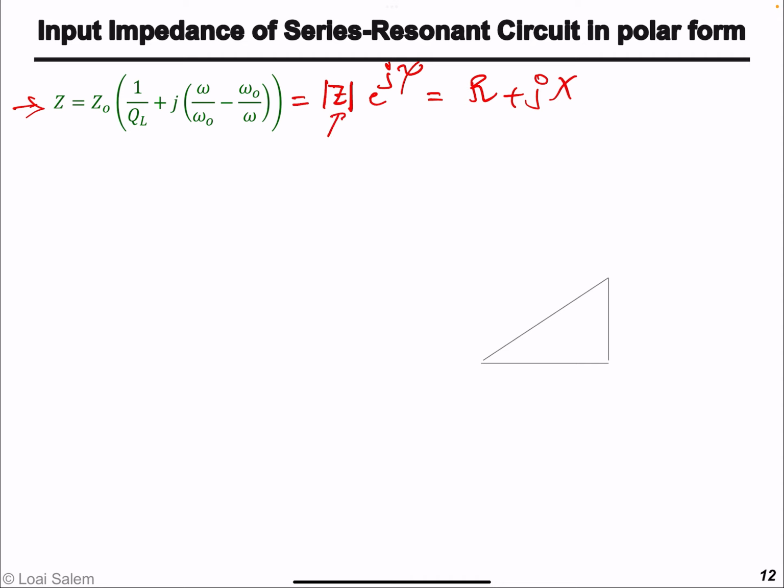The amplitude, or magnitude, is essentially going to be Z naught times the square root of the real part squared plus the imaginary part squared.